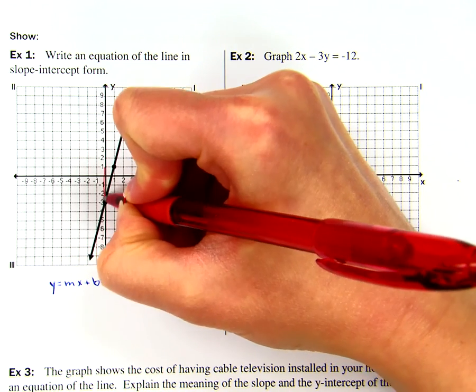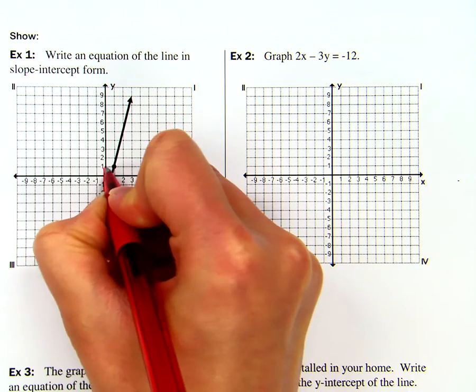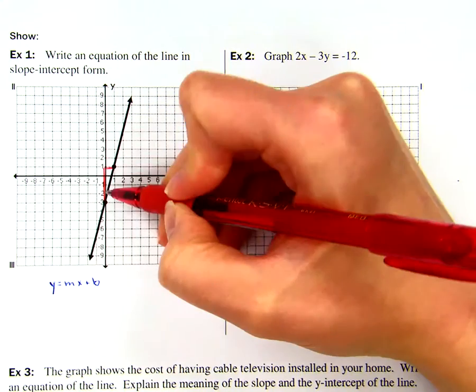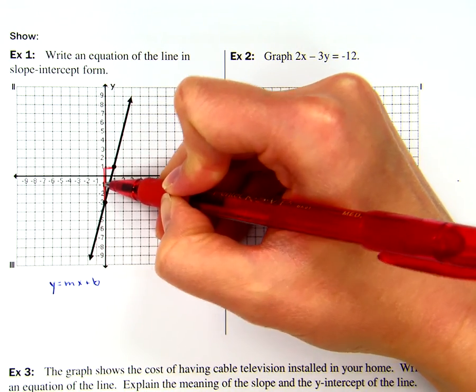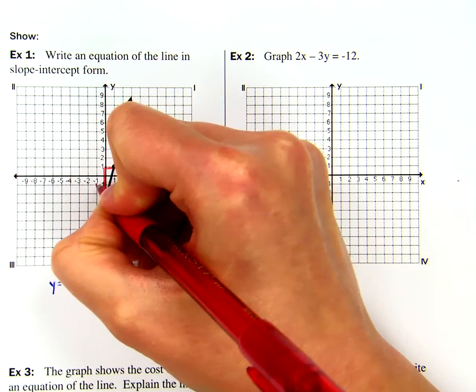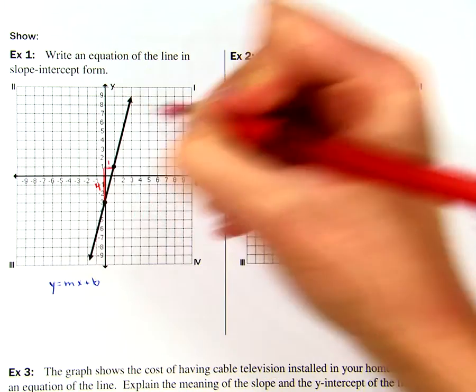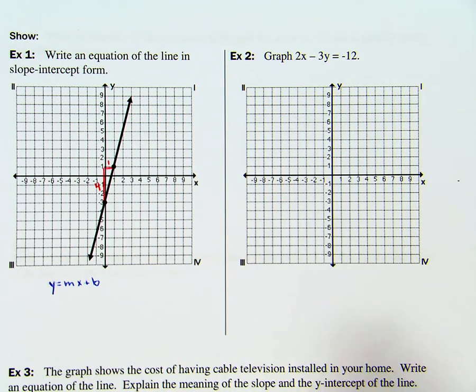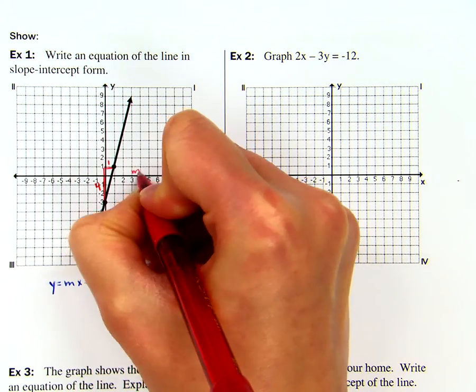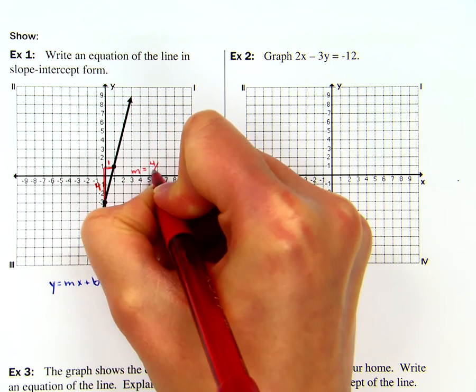If we count point to point, we can see that the line is rising 1, 2, 3, 4 places, and it's going across 1 place. So our slope is 4 over 1, or just 4.